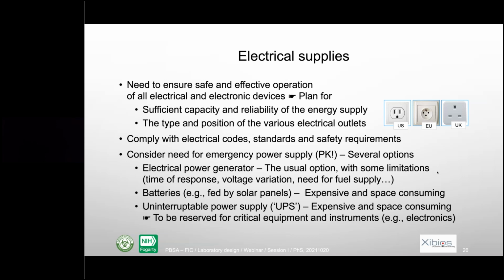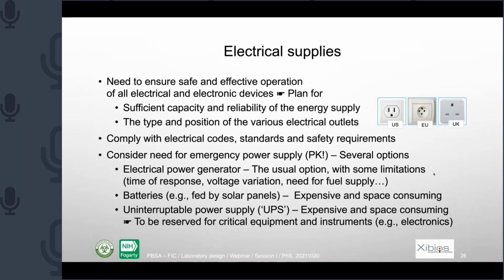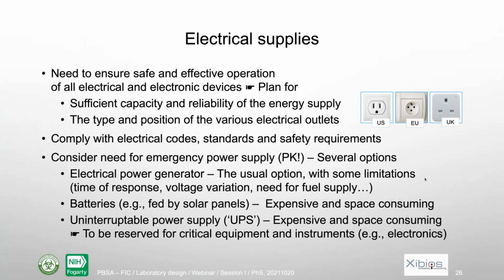Because of that, you might prefer some batteries, and that could be, for instance, fed by solar panels. This would be better from the point of view of immediate supply and voltage variation, but it's more expensive and you need space for that. Not only for the solar panels if you use them, but also for the batteries themselves.